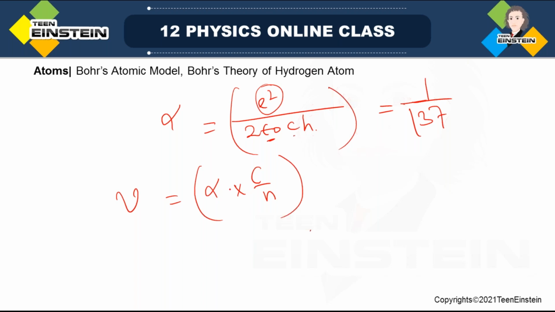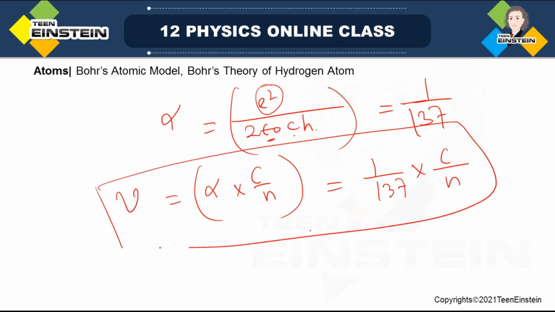This is the fine structure constant we have written, and the value of alpha is 1 over 137. So the speed of any orbit, I can write this as Vn.